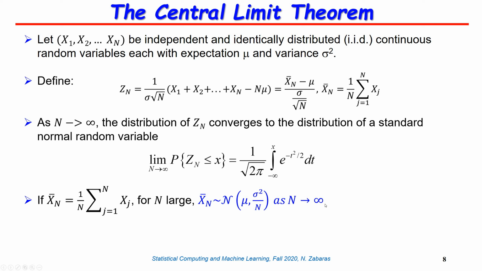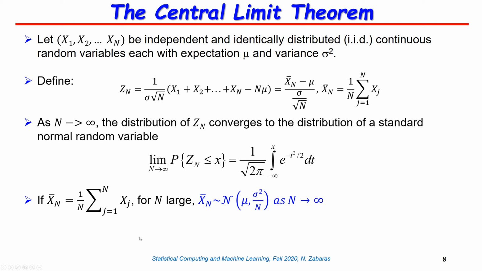It says that as n goes to infinity, the sample mean follows a Gaussian distribution with mean the true mean of the distribution from where I got the samples, and a variance that is sigma square over n, where sigma square is the variance of the distribution from where the samples xj came from.